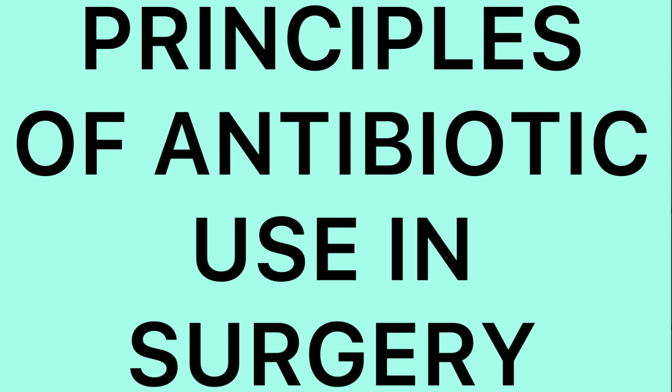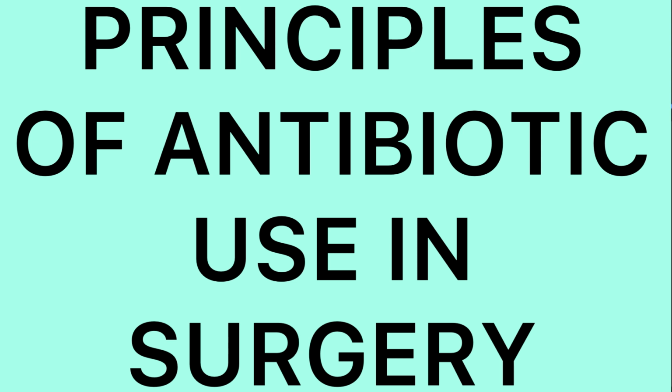What is prophylactic use of antibiotics, and what are the indications for the prophylactic use of antibiotics? It is the use of antibiotics prior to surgery to help decrease the risk of post-op infection. The indications: prophylactic antibiotics are mainly for clean-contaminated and contaminated wounds.